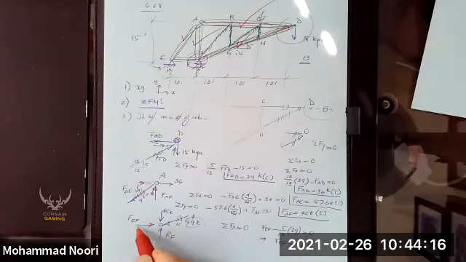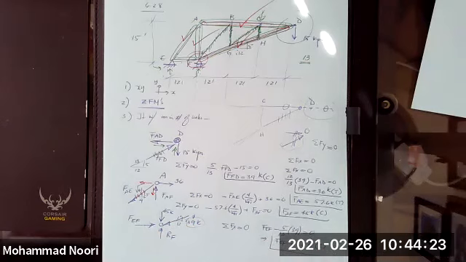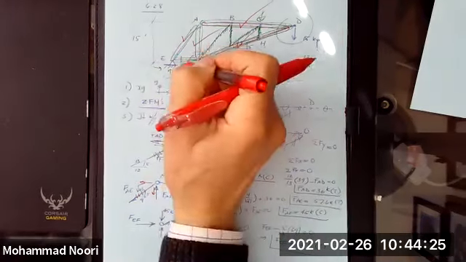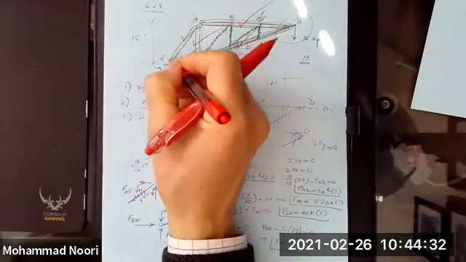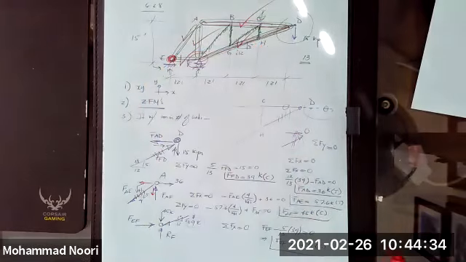Force is coming towards the joint, so the corresponding member is again in compression. So I found all member forces, right? There's one joint you didn't use again, and that is this joint.